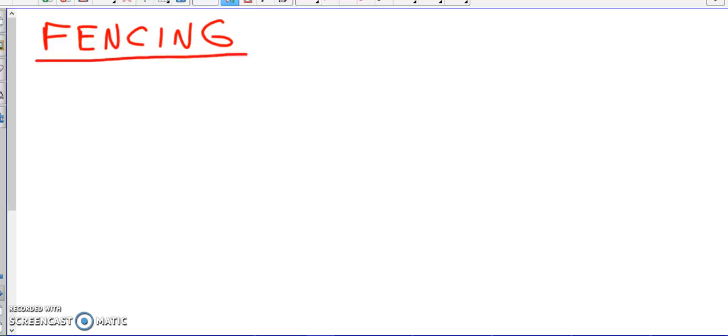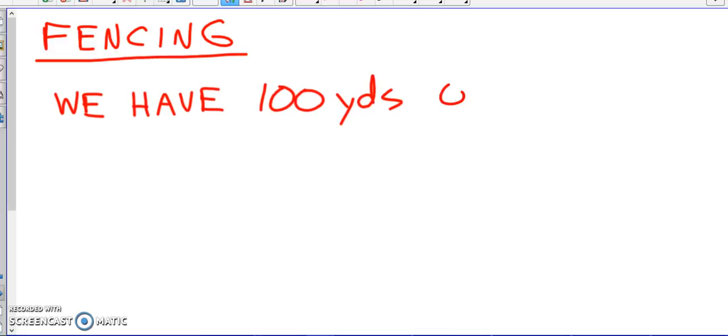This is like we're trying to erect a fence. You know, like put up a fence. So, as a result, let's say we have the following scenario. We have 100 yards of fence.